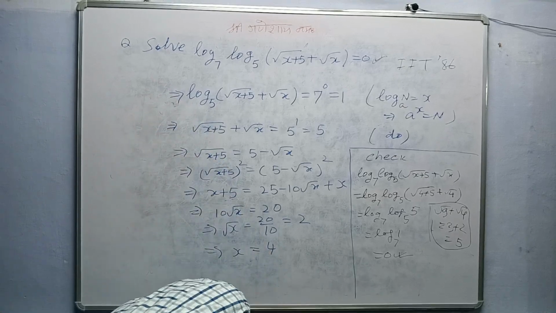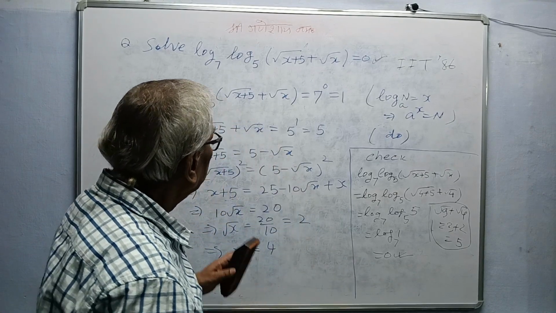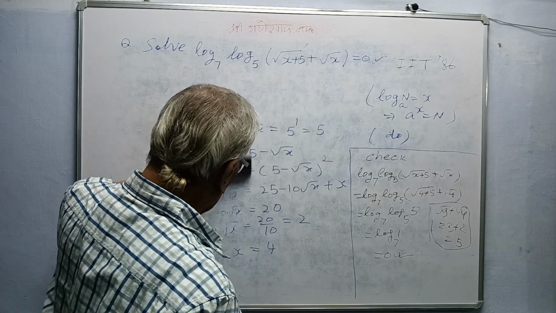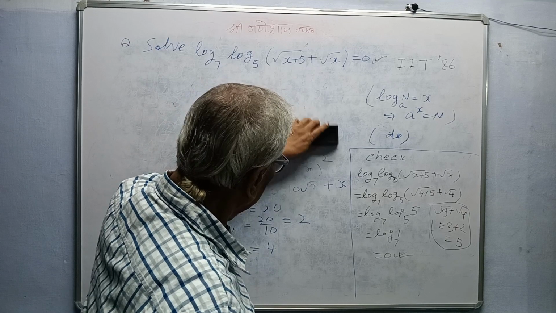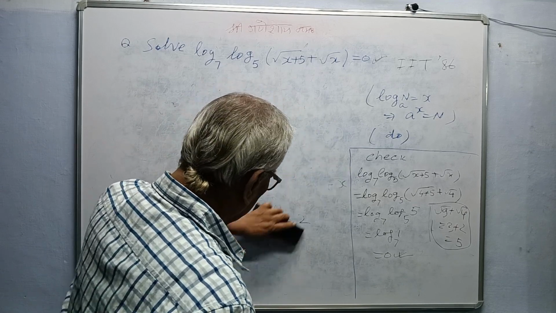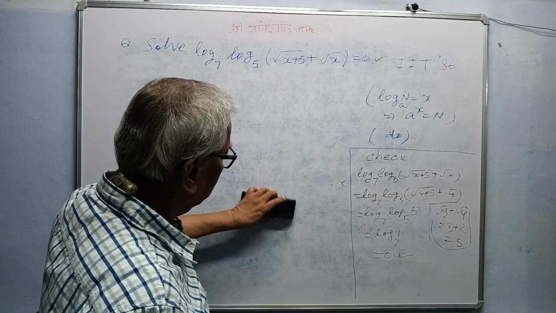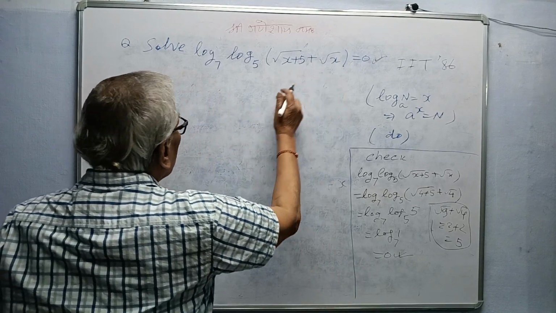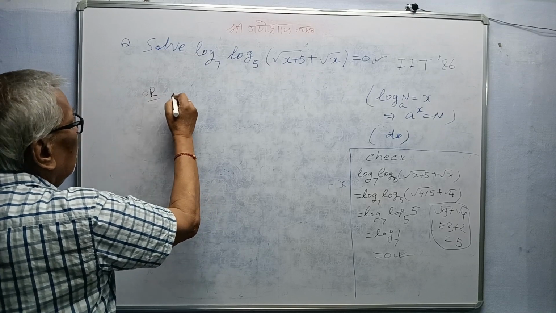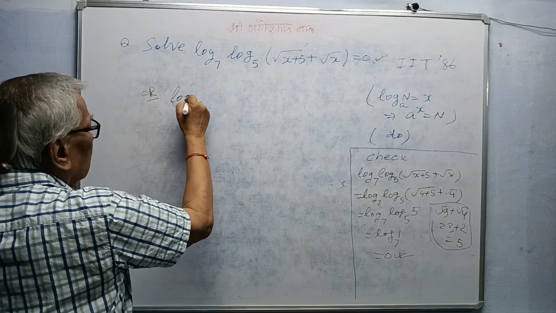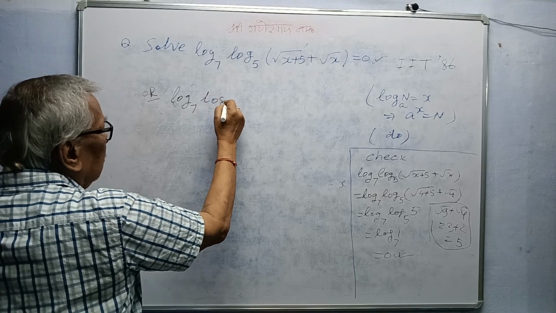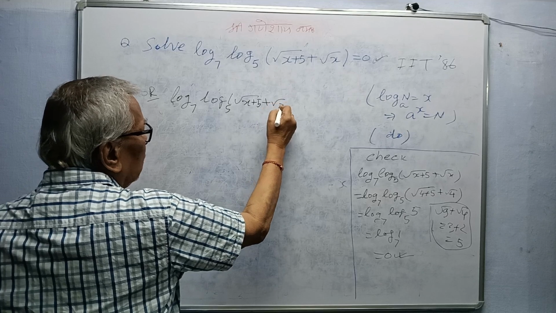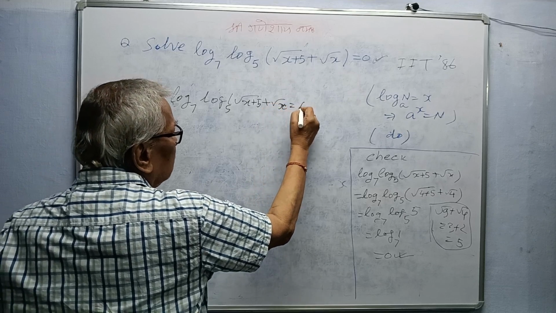Here one thing more. We can solve it like this also. Log to the base 7 of log 5 of root x plus 5 plus root x is equal to 0.